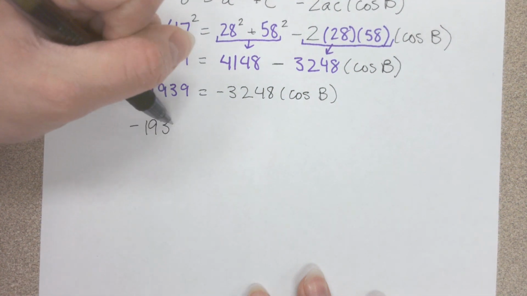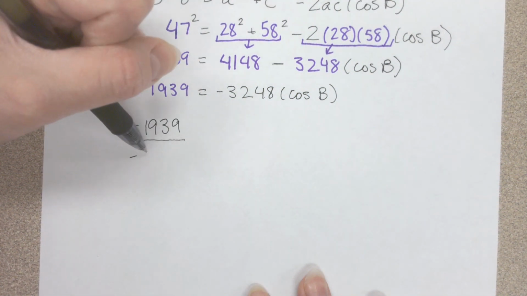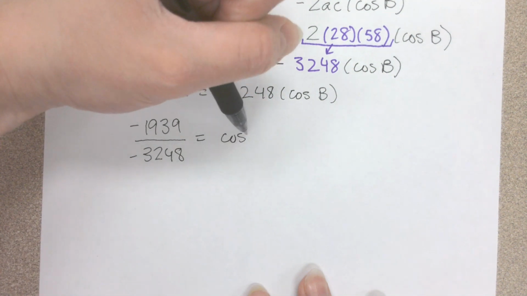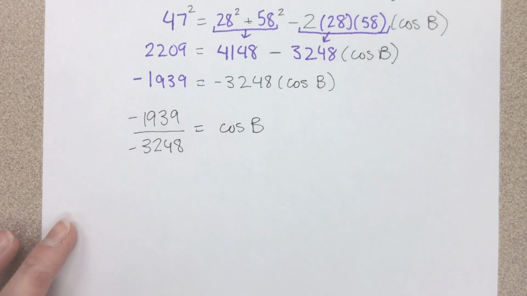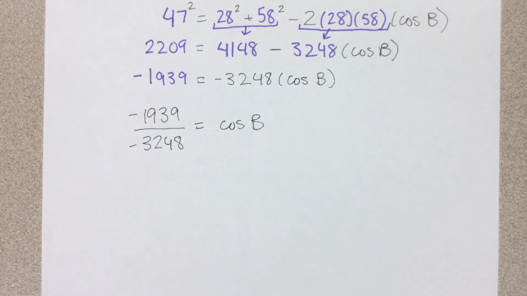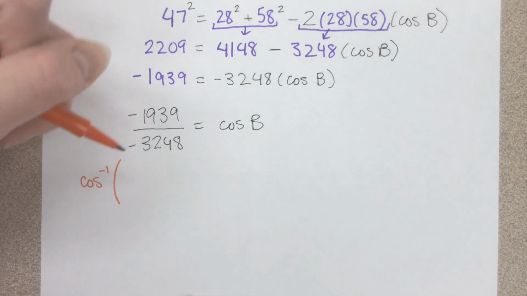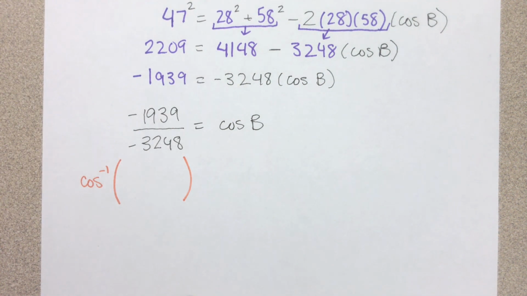Negative 1939 over negative 3248 is equal to cosine of B. And lastly, we take the inverse cosine of that number.